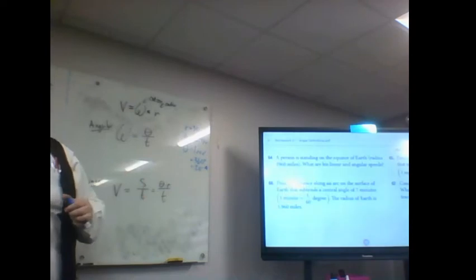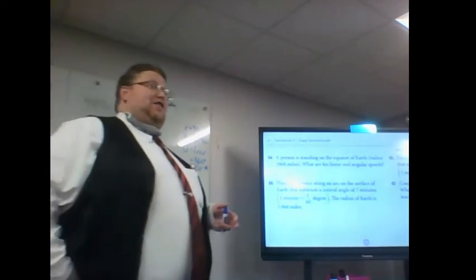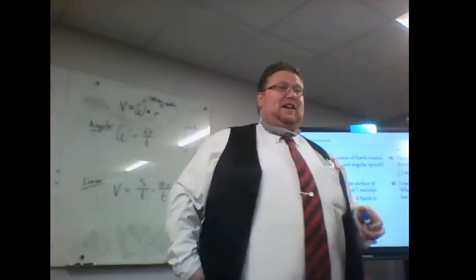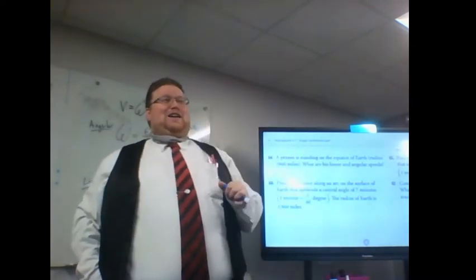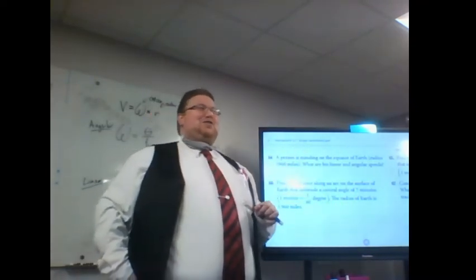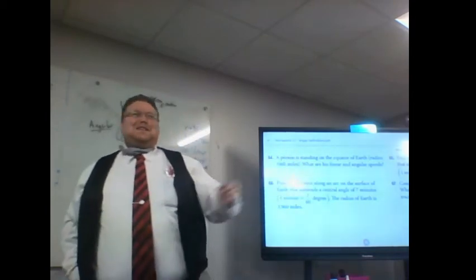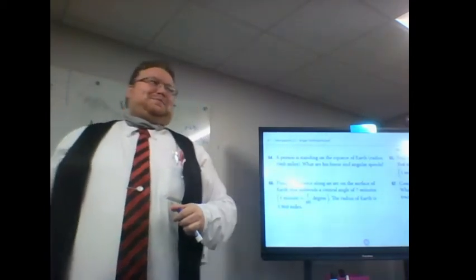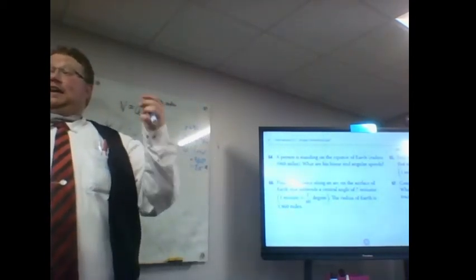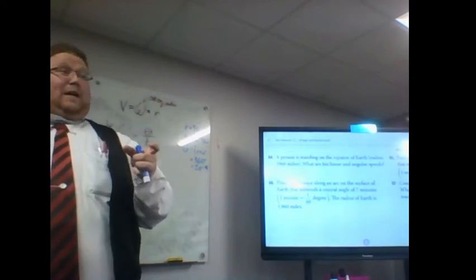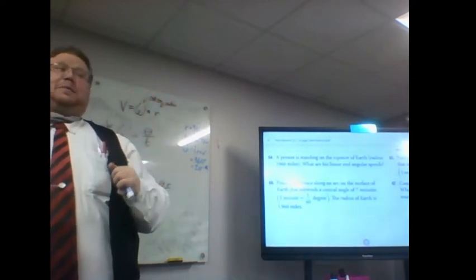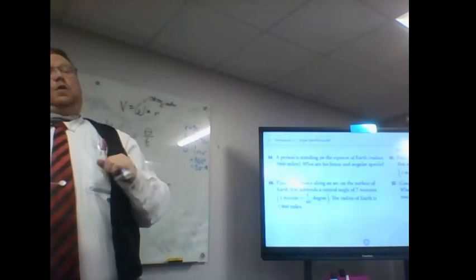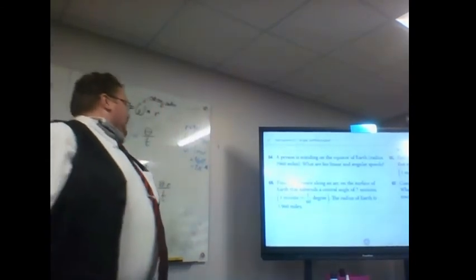But you need to pick one of these to work with. In theory, if you wanted to get really crazy, you could say every 365 days you make 365 revolutions. So you could do it in years too if you wanted to. You just have to make sure to pick a theta and a time that makes sense with how you're applying the problem. I'm going to do this in hours, specifically because of what happens out here.